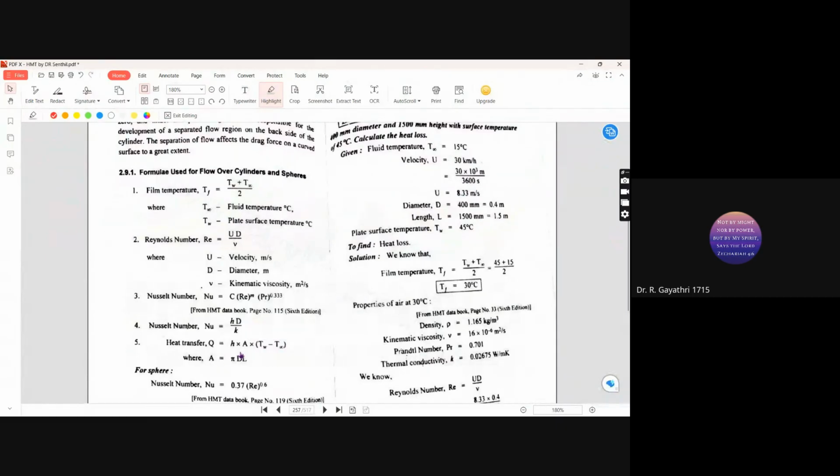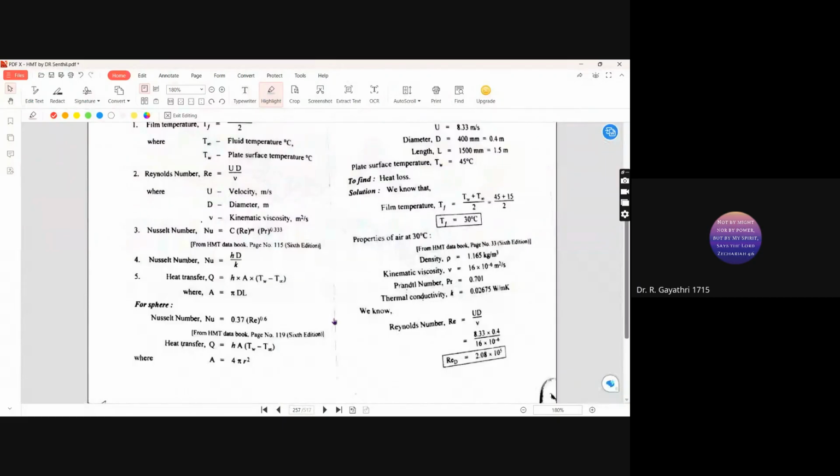So the Q equation is h A (T w minus T infinity). The area equation is pi d l. For a cylinder, the surface, the periphery, is exposed to airflow, so they used pi d l as the surface area.